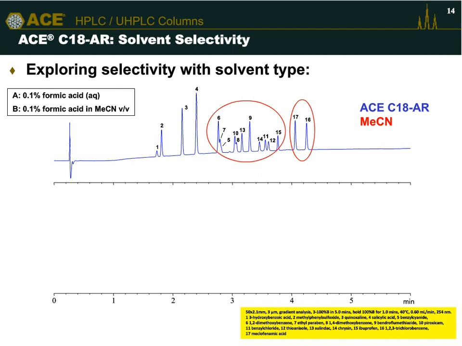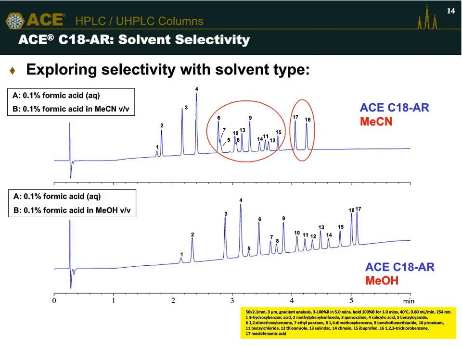Now, what we have on the screen here is a simple acidic mobile phase based separation of 18 components using a C18AR. So this is an alkyl phenyl type stationary phase. By switching the solvent from acetonitrile to methanol, we affect the elution order and the selectivity of this particular separation.